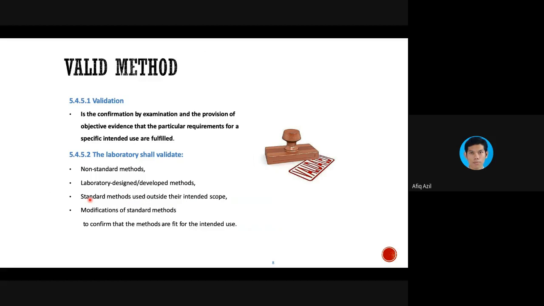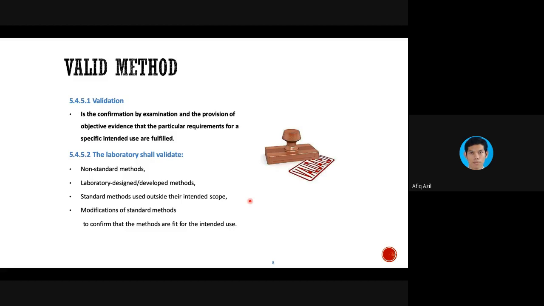Let's say you found standard methods, but you want to use that method for another sample, another product. Let's say in the standard methods, that testing should be only for glycoside medication, or probably for an antibiotic like cefuroxime, for example.